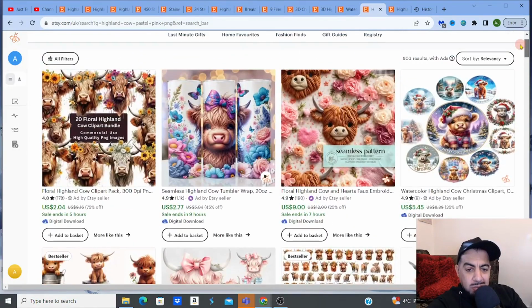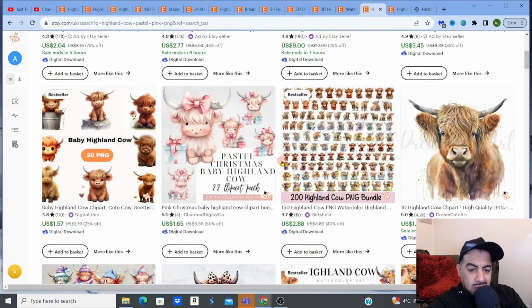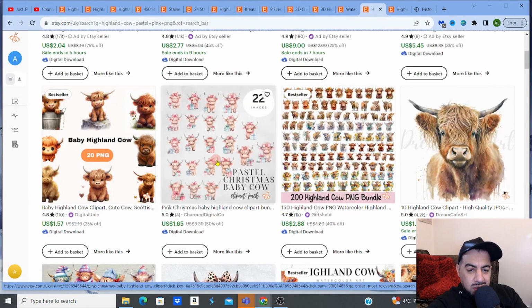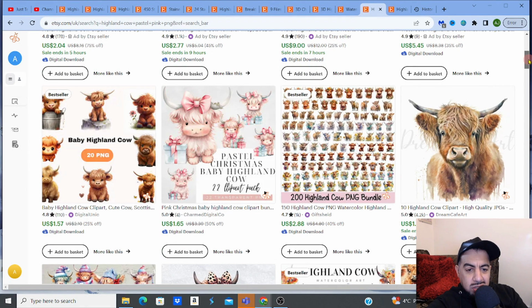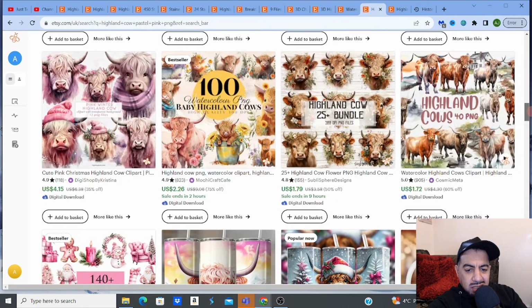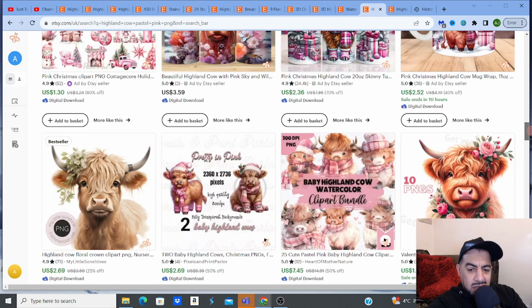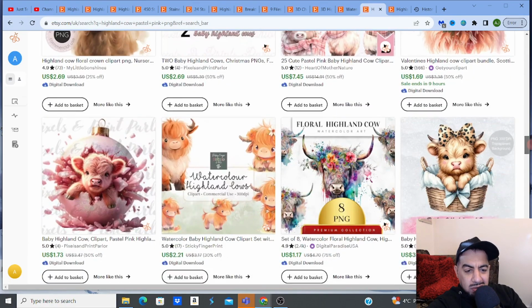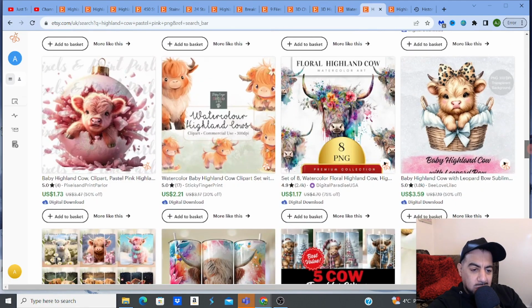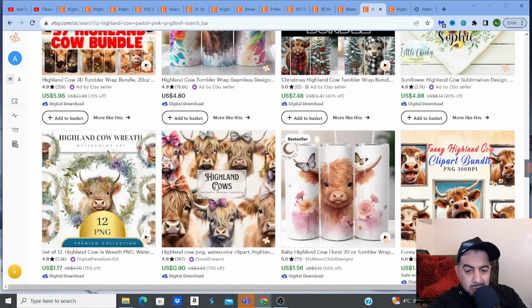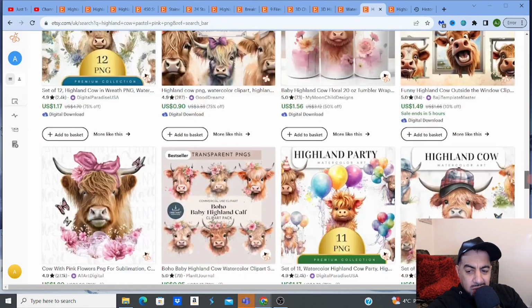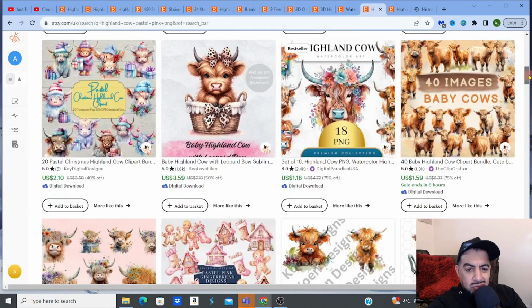It's something to be aware of, guys, because look, this pastel Christmassy baby Highland Cow style as well. Sometimes a design style can come through, and then it spreads to many different products, and it's possible.